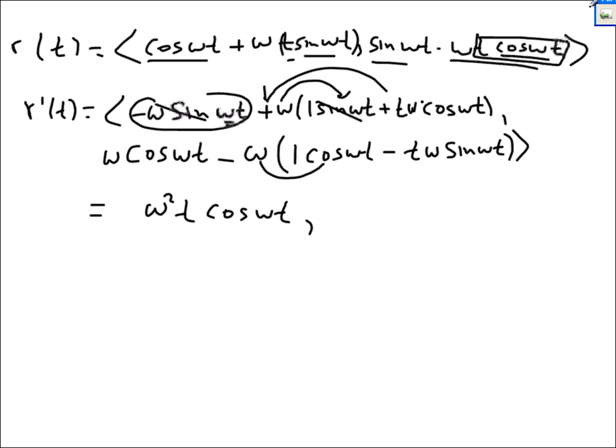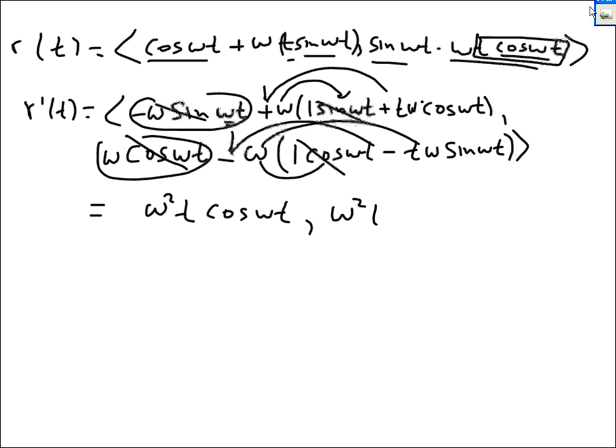This is going to be omega cosine omega t. But that's exactly what this is. Oops, we're subtracting them. A negative times a negative is positive. And omega times the next piece will be omega squared times t times sine omega t. That is r prime.